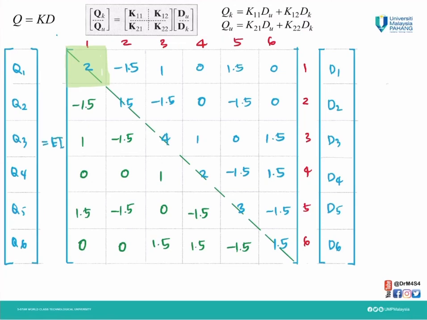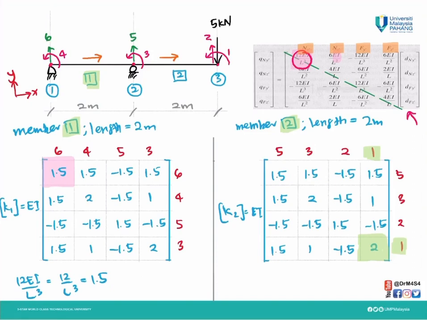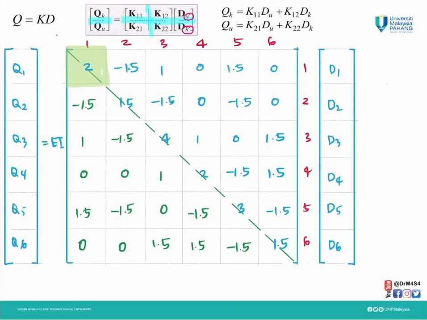Now we need to find the line between D unknown and D known. Back to our numbering, certainly we know there is no displacement at 5 and 6. Therefore, D5 and D6 are D known. D5 and D6 are 0.